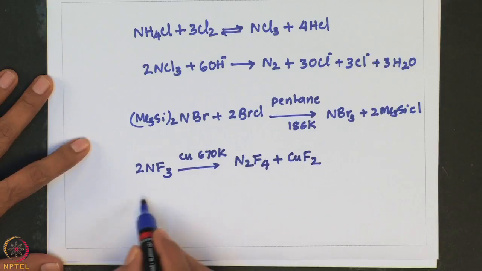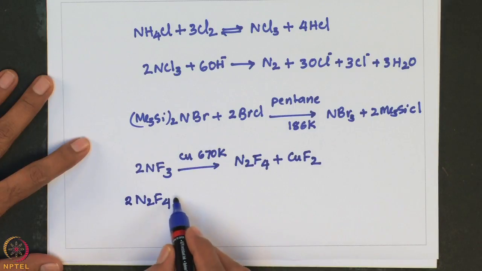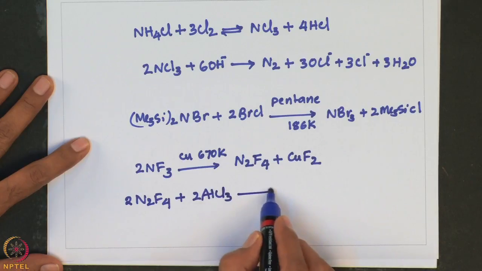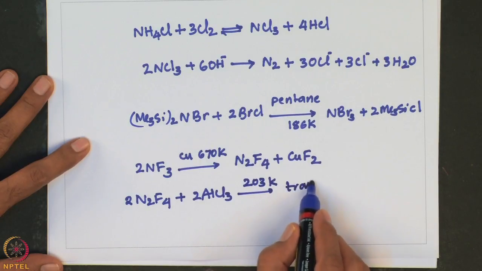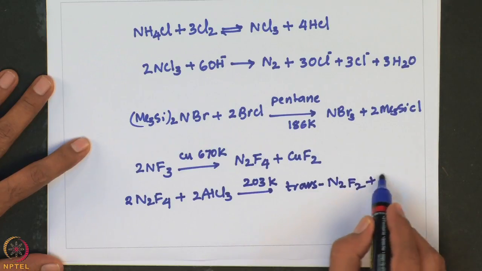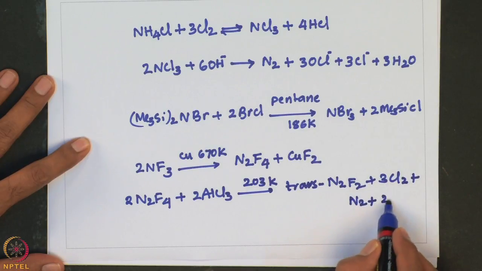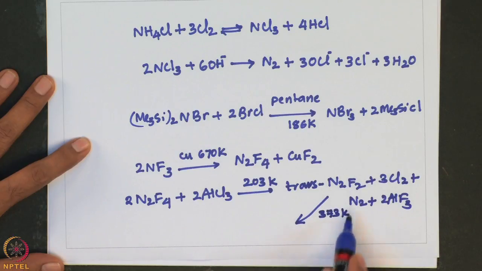Okay. Similarly, if we take N2F4 and treat this one with aluminum chloride at 203 Kelvin, it forms trans N2F2. Okay, so, this one on heating to 273 Kelvin gives cis N2F2.